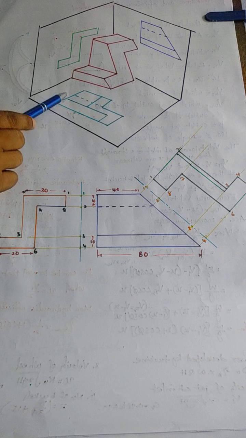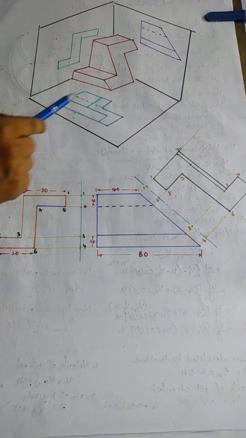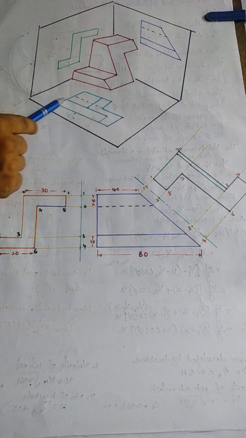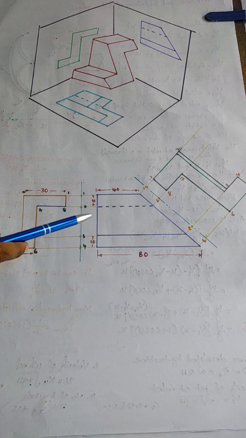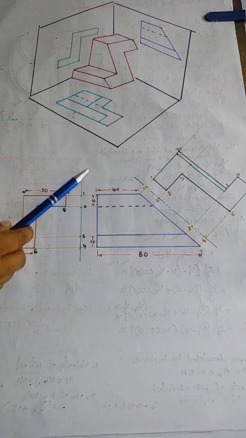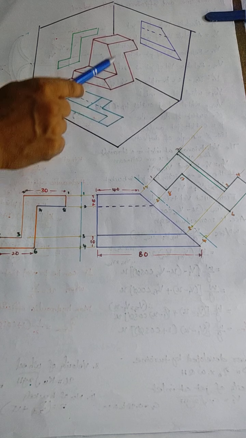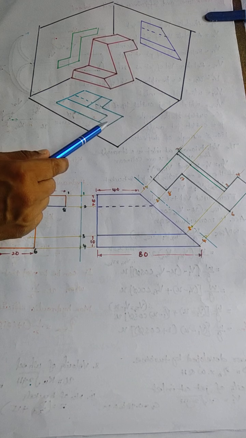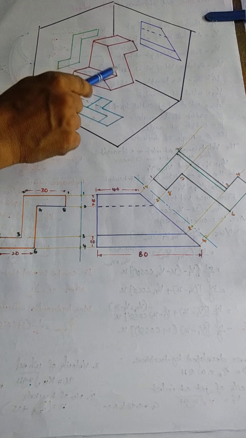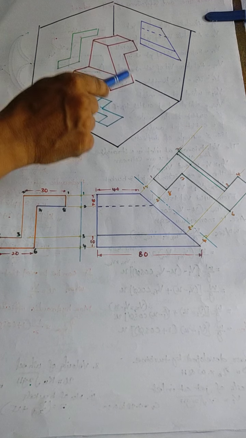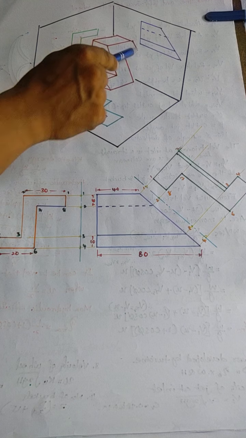And coming to the top view, so this is the horizontal length here, and the width is 40, up to the values which are given in the next diagram, and then this vertical length is drawn up to this one, and this line is drawn here, and this inclined line is drawn here, and this inclined line is here, and this line is here, and this one is drawn here.